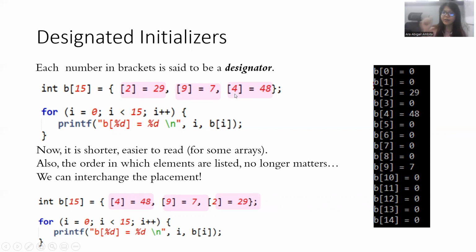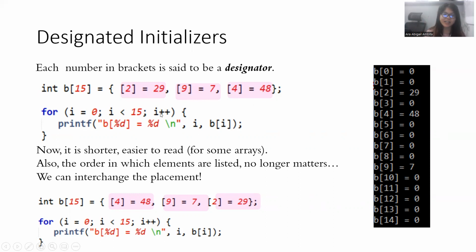So we don't have to explicitly assign zeros to other positions, and then we just include here in the brackets a key value pair. So the key is its subscript, the 2, 9, and 4, and their corresponding values.